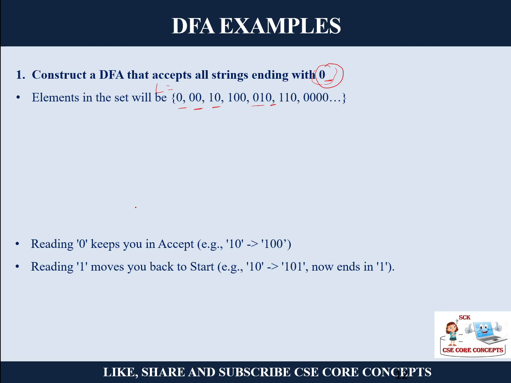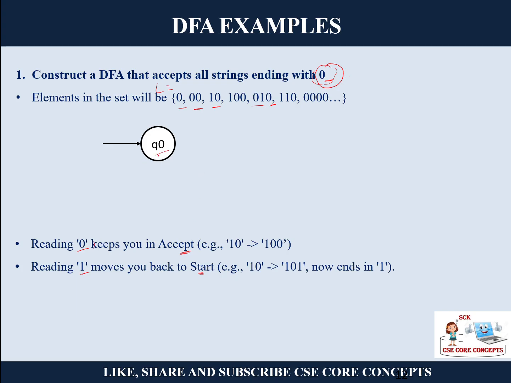Now let us start constructing the DFA. First of all, we have an initial state. When I read 0, it will send me to an accept state. And if I am reading 1, it will move back to the start, because I can have 10, right?